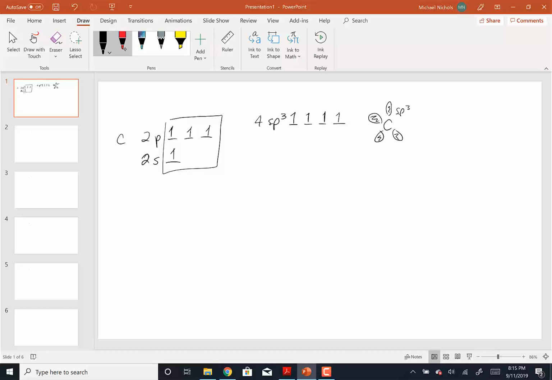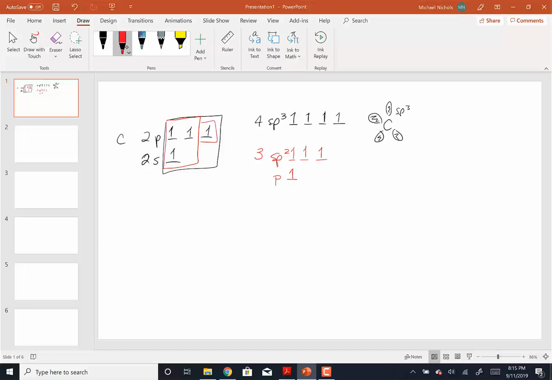If we only hybridize the s and the 2p's, then we're going to have 3 sp2 hybrid orbitals, each of which will have one unpaired electron, but then we'll have an unhybridized p that is left over.